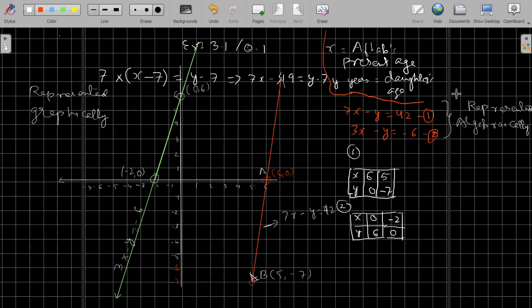In all these questions, first you will have to convert the given situation into equations. This is called algebraically.